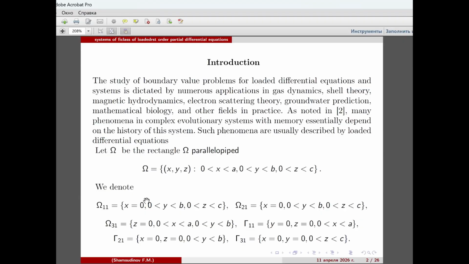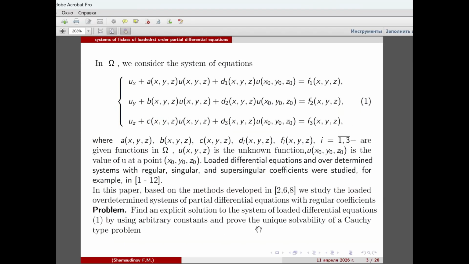We denote omega 1 1 equals omega 2 1 equals omega 3 1 equals gamma 1 1 equals gamma 2 1 equals gamma 3 1 equals... In omega, we consider the system of equations 1, where A(x,y,z), B(x,y,z), C(x,y,z), D_i(x,y,z), F_i(x,y,z), i equals 1, 3 are given functions in omega.